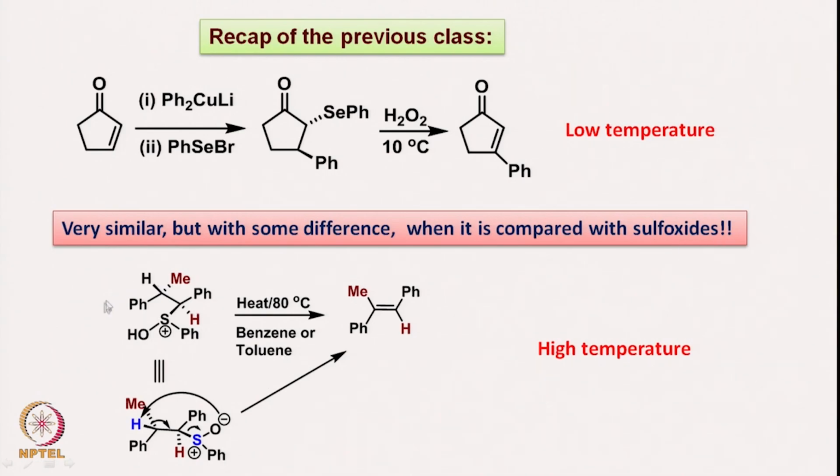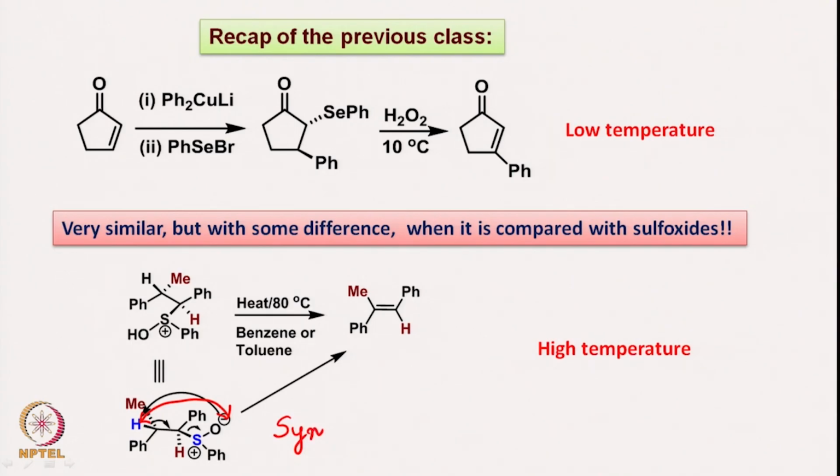That is, when you take a sulfoxide of this type, the example that I mentioned last time, when it undergoes an elimination, it has to be a syn elimination, because for a compound to undergo syn elimination, this particular sulfoxide and the hydrogen that is supposed to eliminate, they have to be syn to each other, and then the elimination occurs.